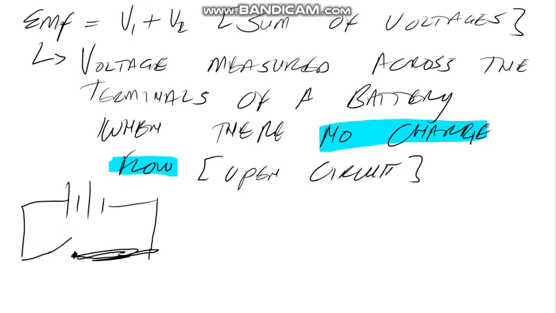So when the circuit is open, it means there is no voltage taken from this battery. It's like your phone battery. If you are not using it, it will last longer. But the moment you start pressing it, it closes the circuit because you are operating that phone, so that's when it uses the battery.